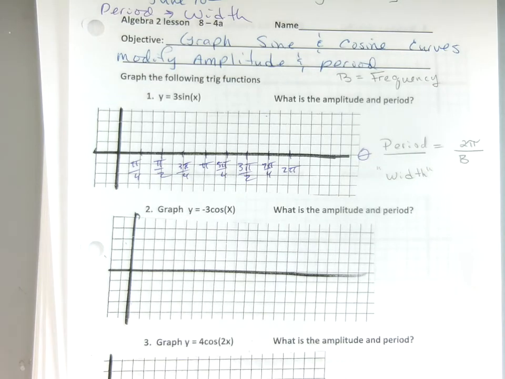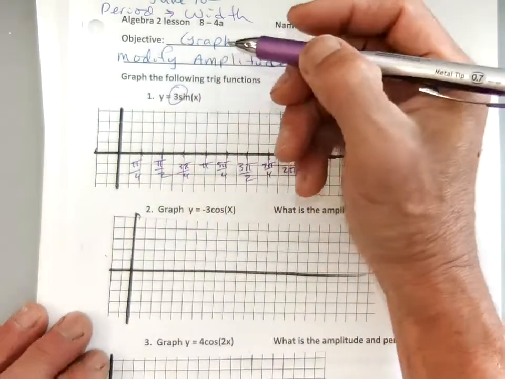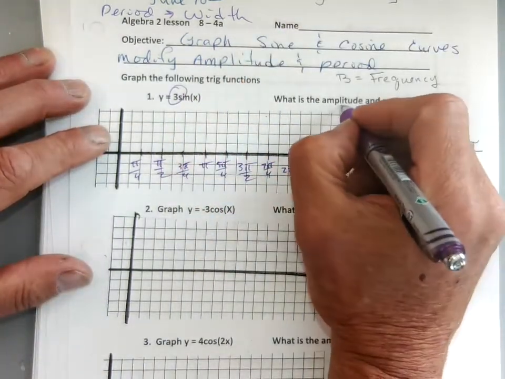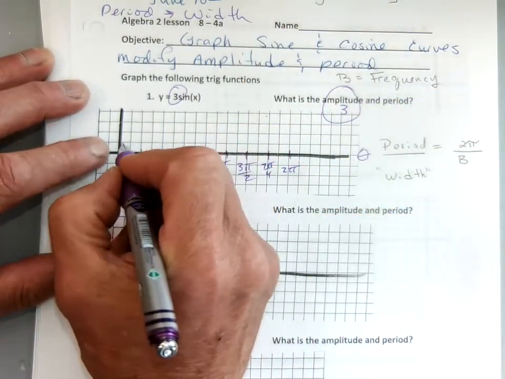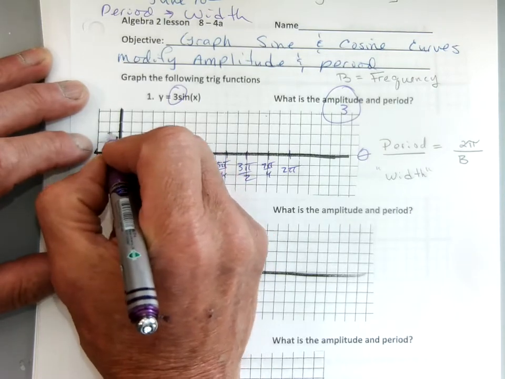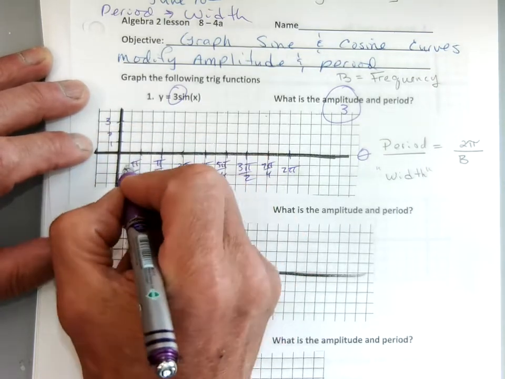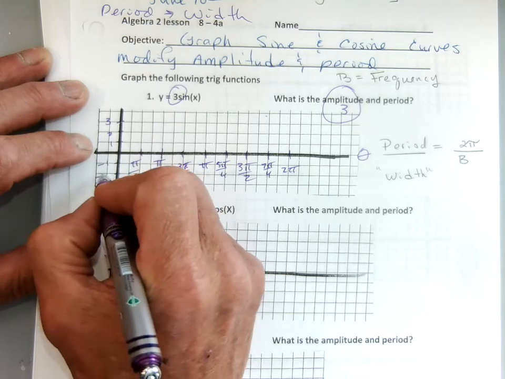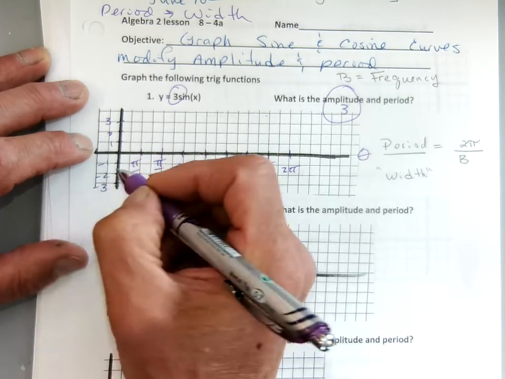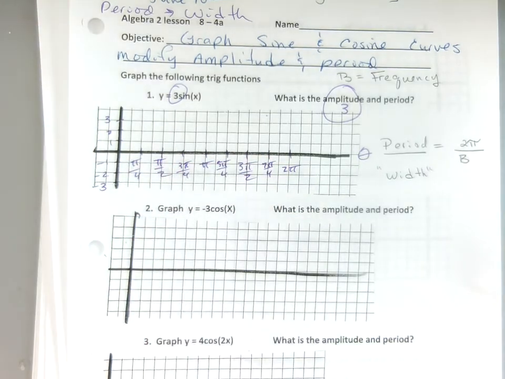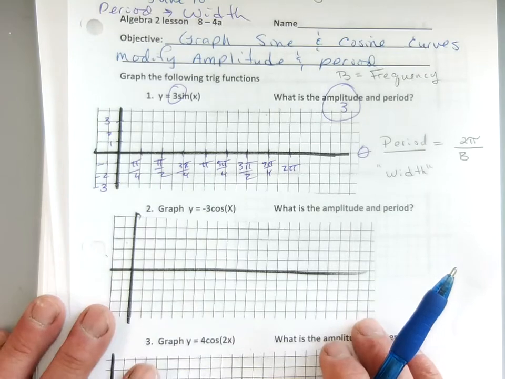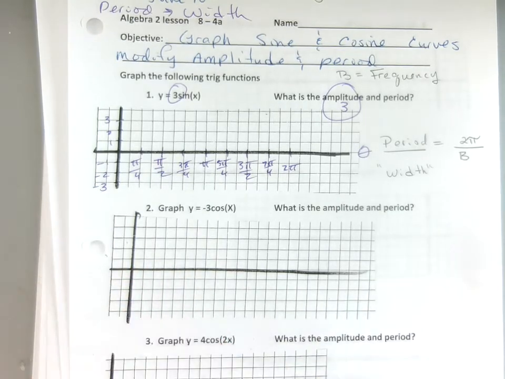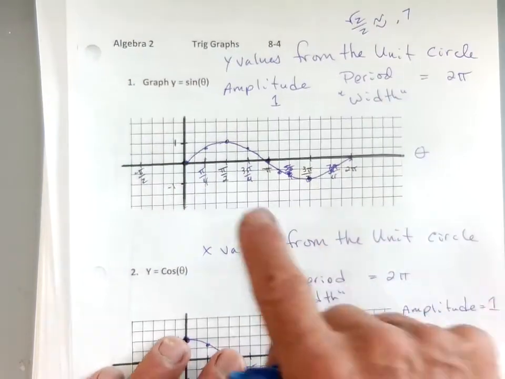Now, it has an amplitude of 3. So I'm going to go 1, 2, 3, -1, -2, -3. Okay? All right. My sine curve that we took down as the parent function looks like this.